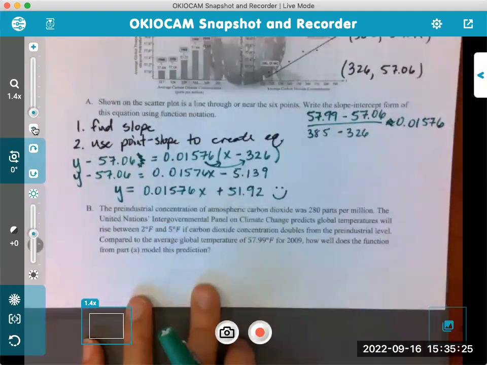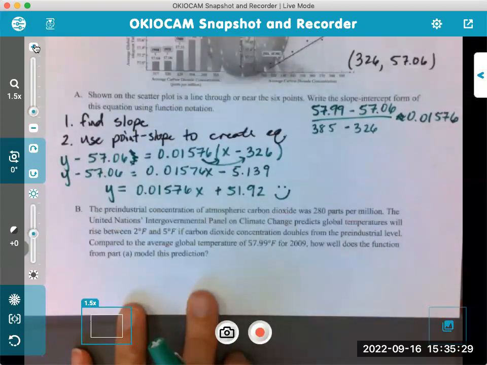So the pre-industrial concentration of atmospheric carbon dioxide was 280 parts per million. The United Nations Intergovernmental Panel on Climate Change predicts global temperatures will rise between 2 degrees and 5 degrees if carbon dioxide concentration doubles from this pre-industrial level.